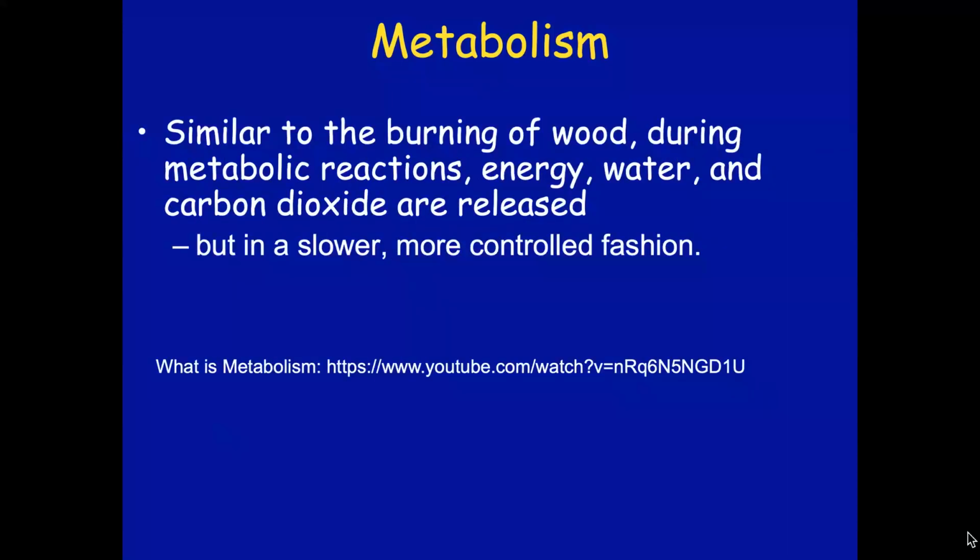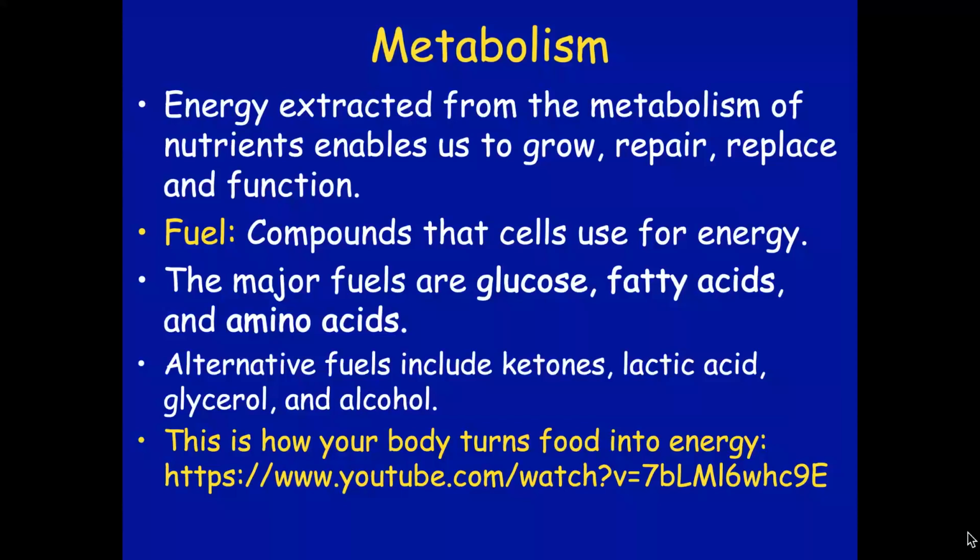When you're undergoing metabolic reactions in the body, you are also going to release energy, water, and carbon dioxide. The process is a much slower and more controlled one, however. We need that energy in order for us to grow, as well as repair and replace tissues and undergo metabolic functions.